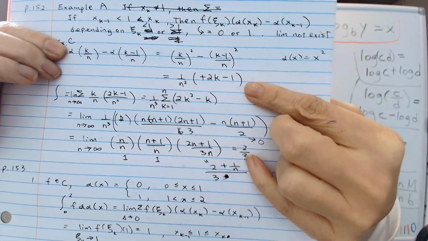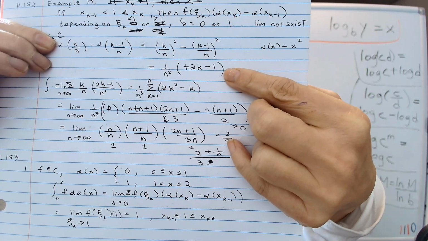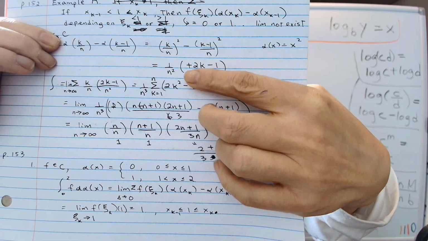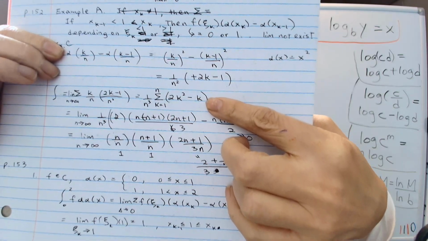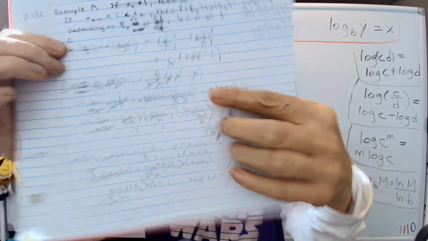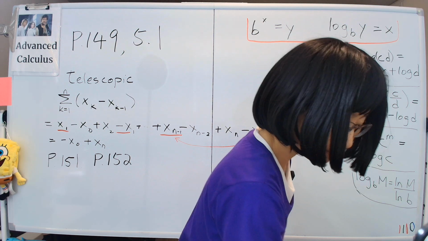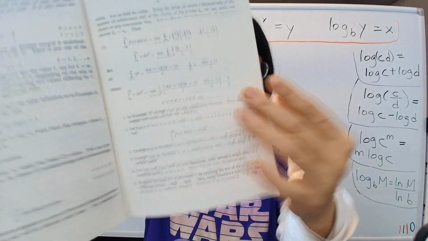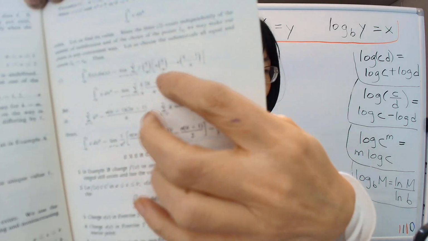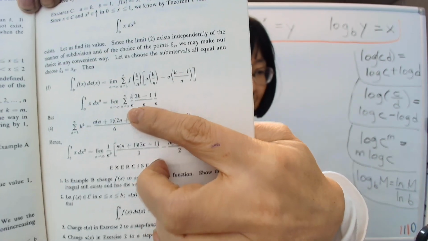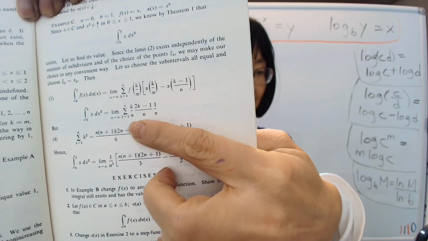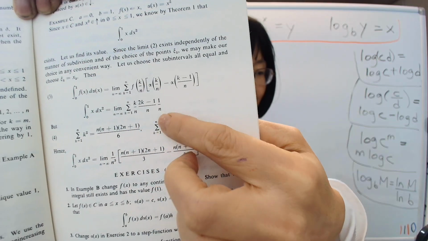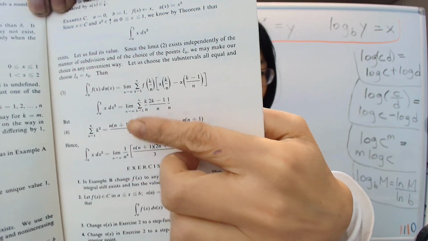Once you do the subtraction, you get 2k minus 1, and then plug it into the original equation. f of k over n is just k over n, because f(x) is equal to x. So we got this formula right here, in summation form.